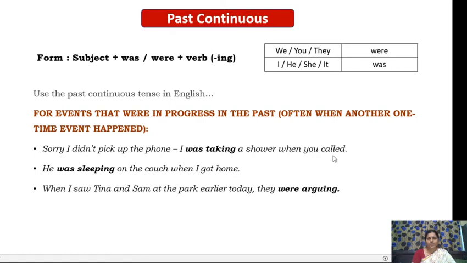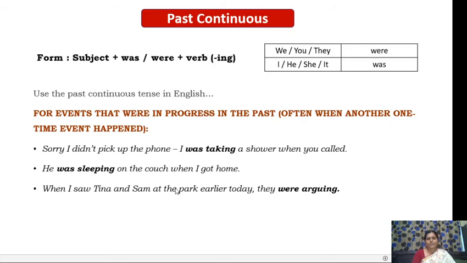So what happened? When one thing happened, the other was in progress. When he was taking a shower, someone called him. So one was done and one was in progress. When you are referring to such actions, we use past continuous. Like, "He was sleeping on the couch when I got home."